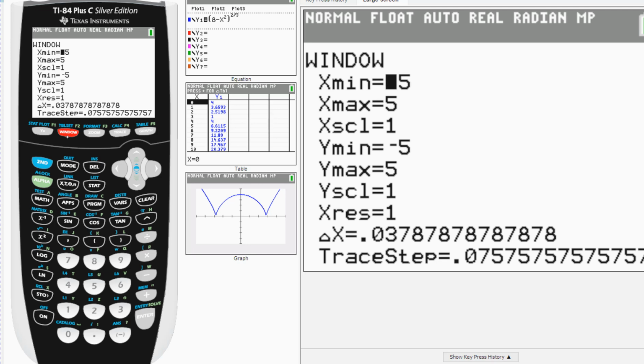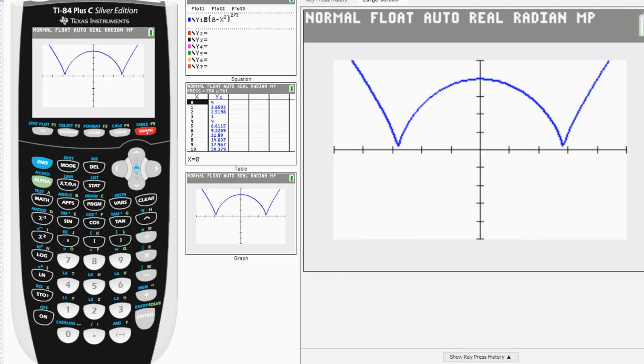I did negative 5 to 5 in both directions just to keep the window square. When I go to the graph, I don't want the entire thing; I'm only interested in from 0 at the origin to the x value 3. At 0, I'm up here at 4. I don't need to plug that in; I can actually see it.